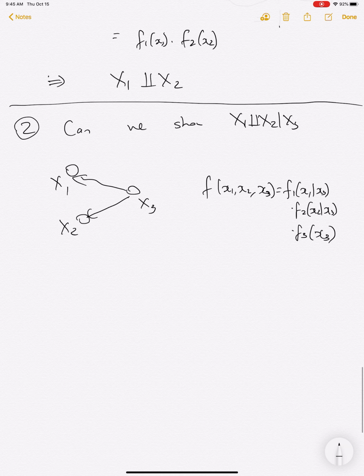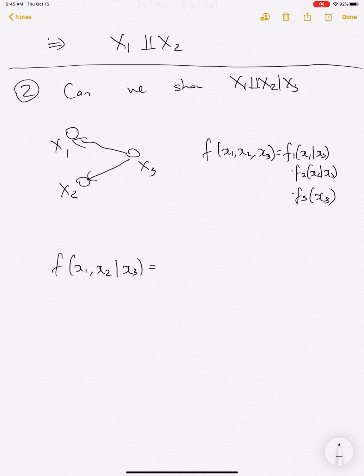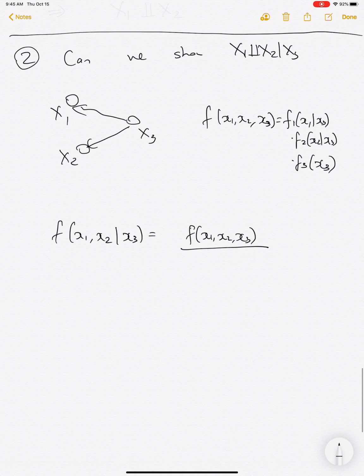If we look at the conditional distribution of f of x1, f of x2 given x3, then that just equals, over f3 of x3.